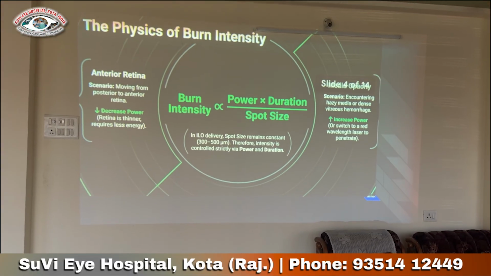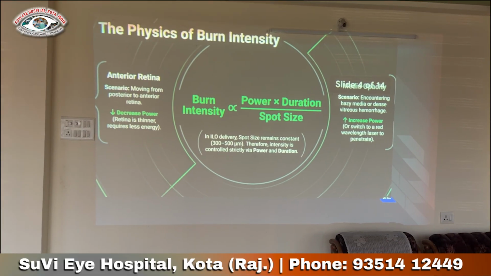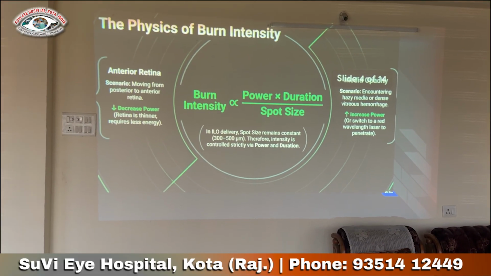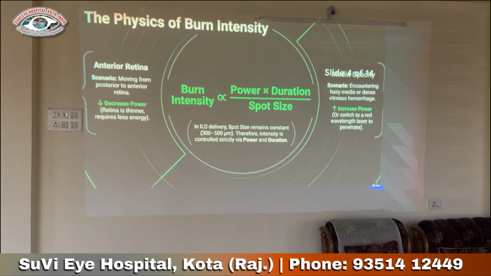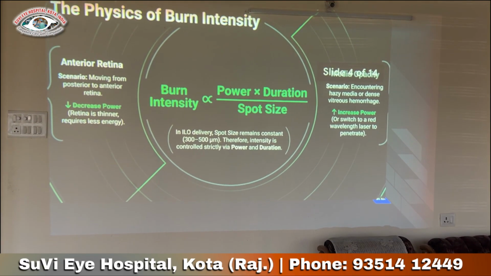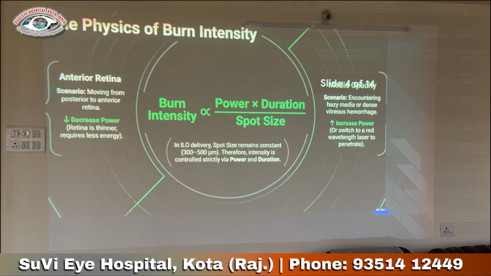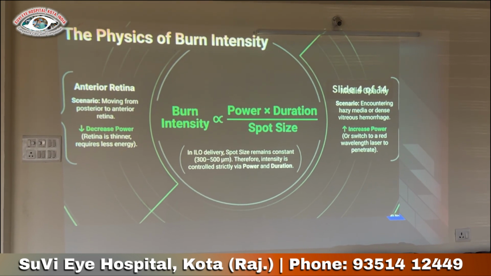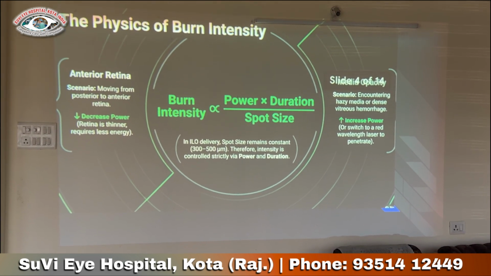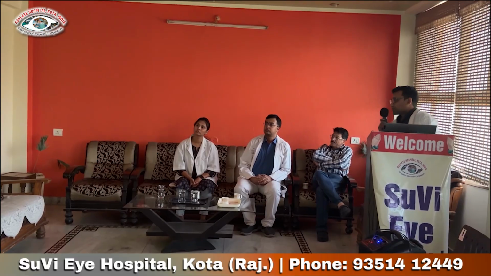When lasering, if you move from the posterior pole to the anterior retina and encounter hazy media or a dense cataract, you have to increase the power or switch to another wavelength laser like red laser. Burn intensity depends directly on the power and duration, and is inversely proportional to spot size. In an indirect delivery system, the spot varies with power and duration.